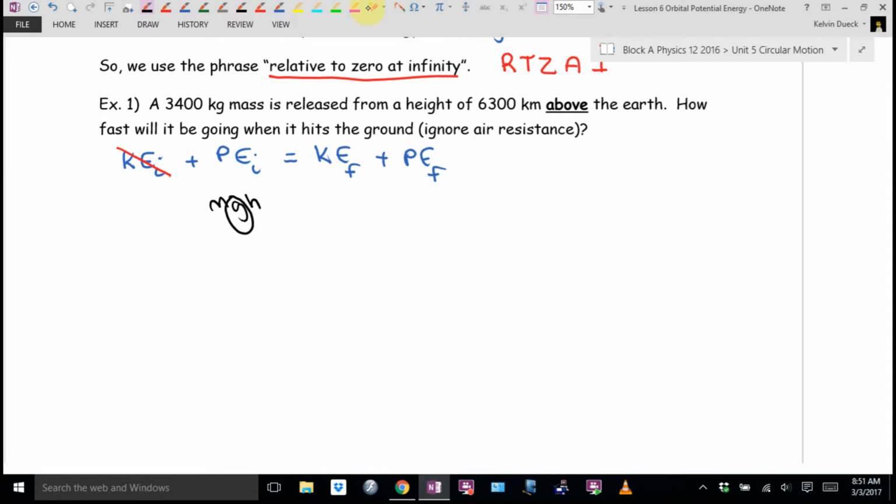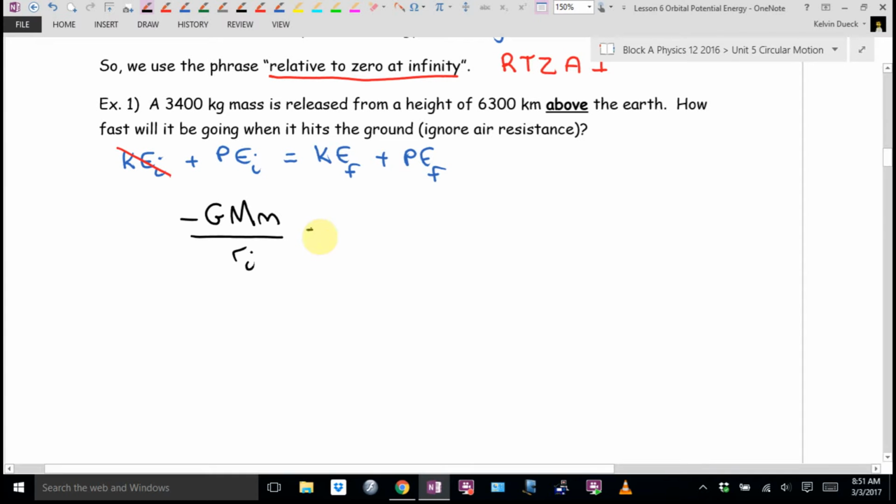I need the cosmic version of potential energy, which is negative big G, big M, little m, over R initial. This is the only other equation on your formula sheet in this unit. Kinetic energy is not going to change at all.